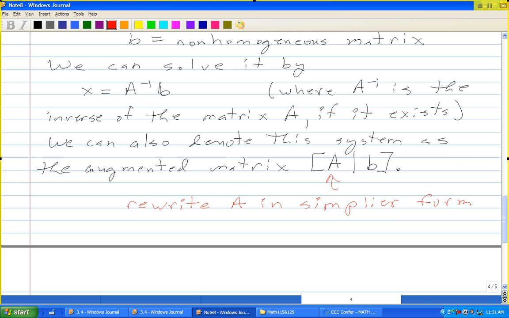And the simpler form will be sometimes called row echelon form. And I will be telling you about what that form means.